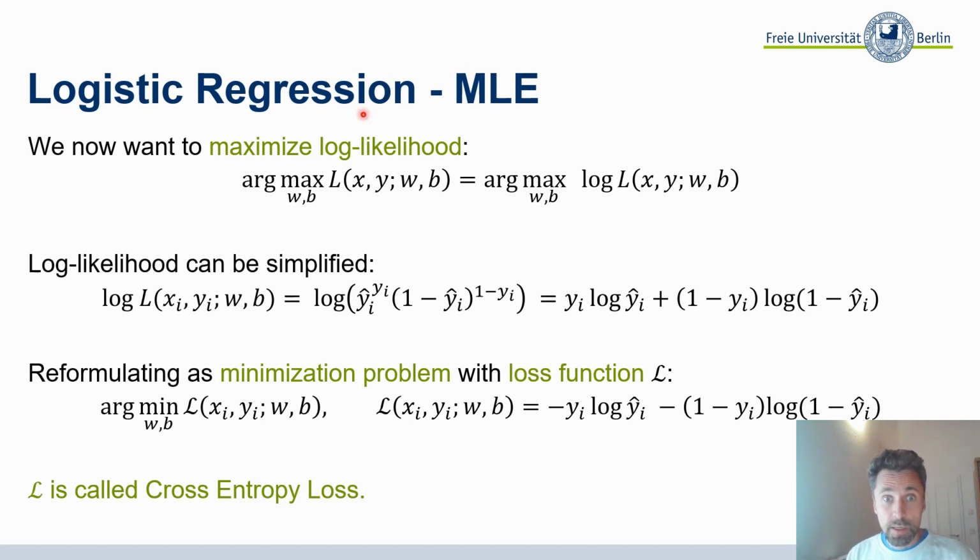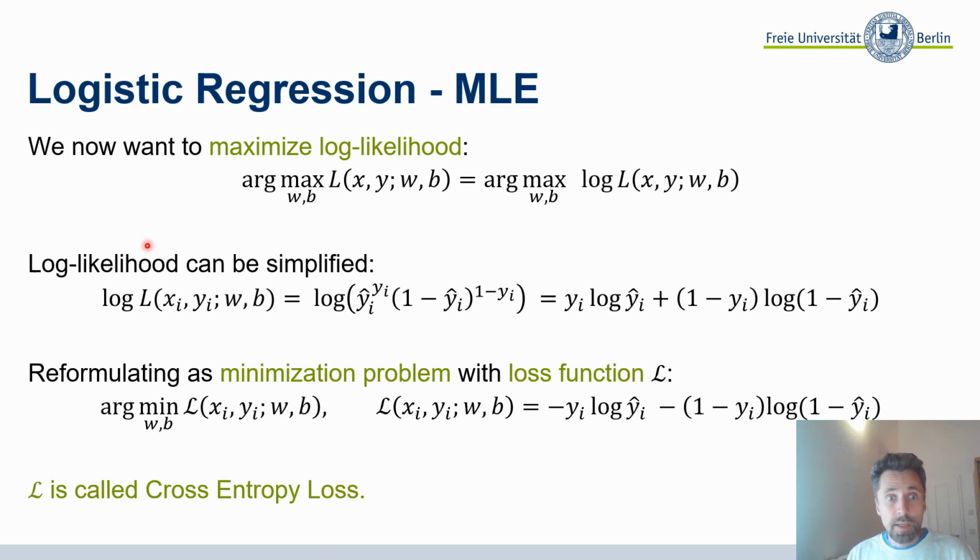So the likelihood, using the equation from the last slide, of x and y, so the data given the model parameters, needs to be maximized with respect to W and B. So we want to get the arguments, the actual W and B's. And for convenience, we most often use the log likelihood, and since that doesn't change the arguments that maximize the previous expression, we are fine.